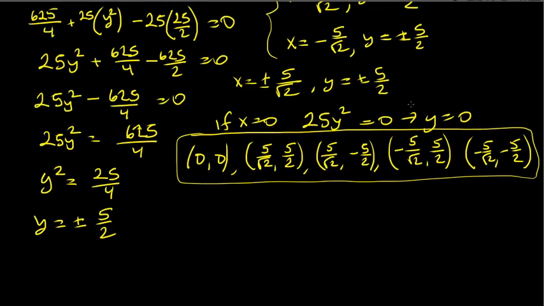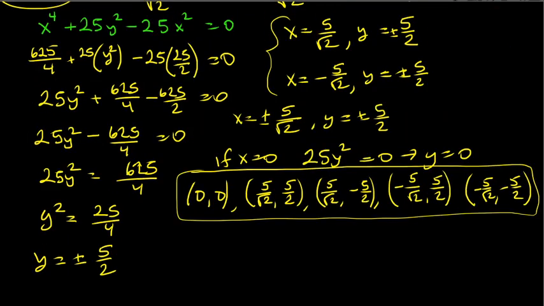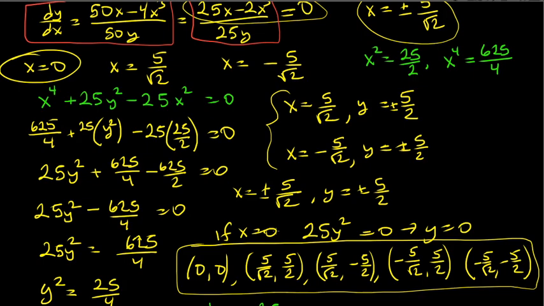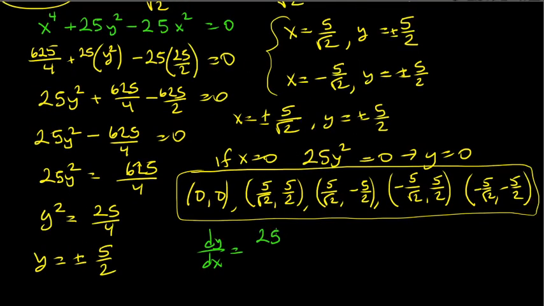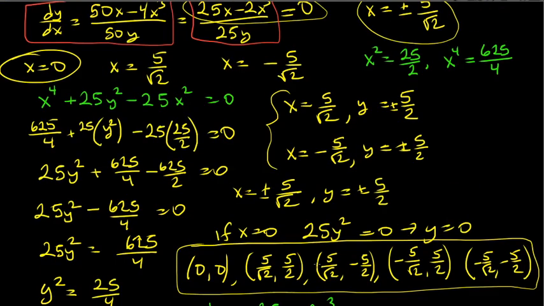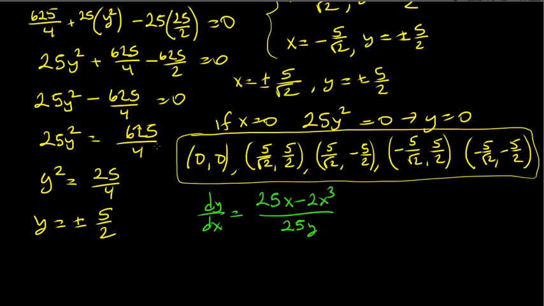So it's going to be, forgot again, 25x minus 2x cubed over 25y. Yep. So what happens if x and y are both 0? Let's plug that in. You get 0 over 0.